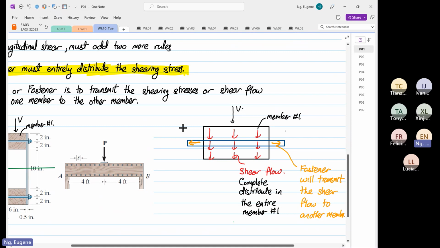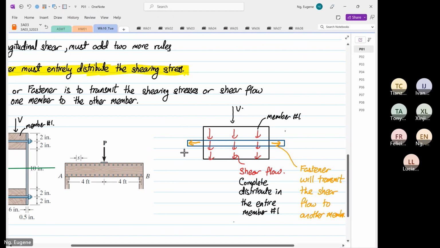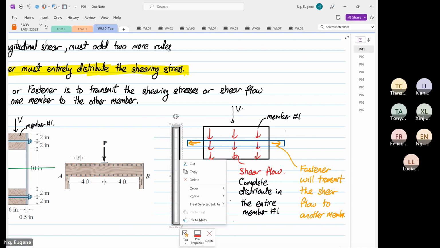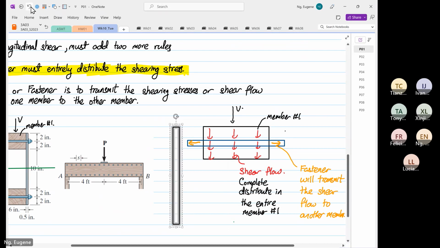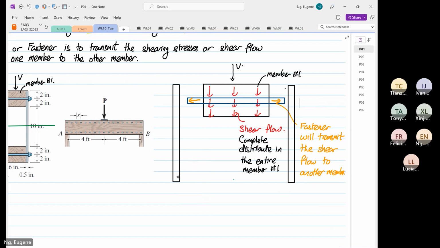So I'm going to sketch the vertical web separately. So this is our vertical web. Then we'll transmit onto the member.